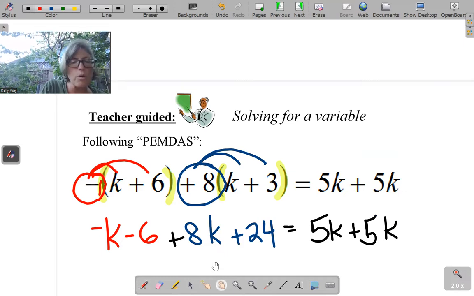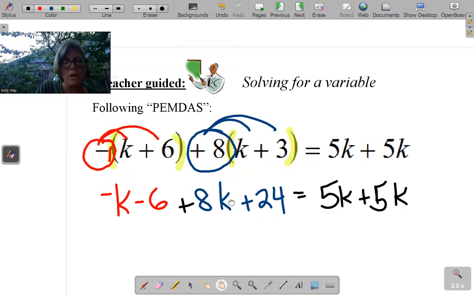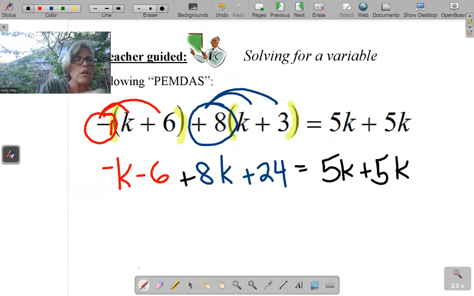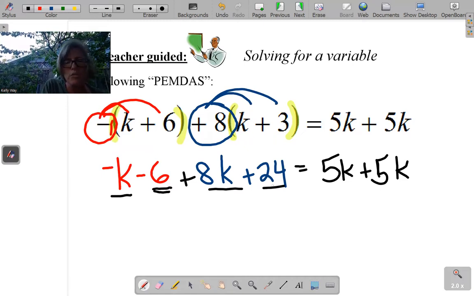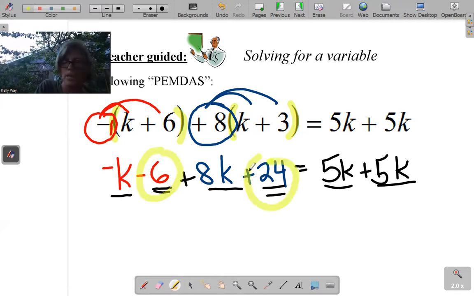It's also really important you only do one step at a time. I recommend you underline your variables and either double underline or circle your numbers, just some sort of distinctive way so that it's called physical collect. If you'd rather do something like circling the numbers instead, that's fine.